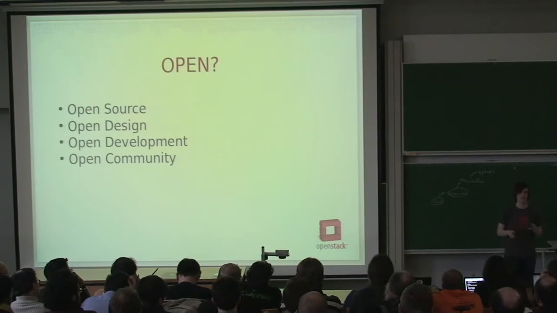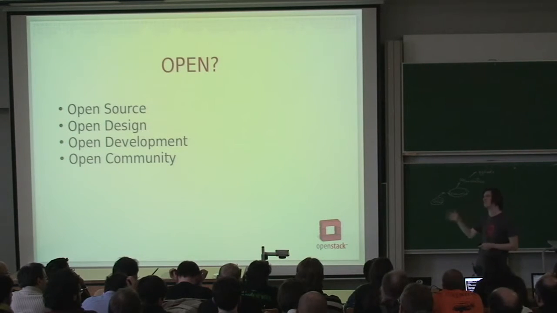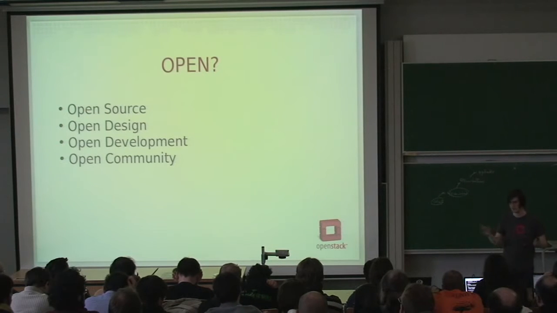So you sit in-house, you develop a bunch of stuff, and once every 6 months, you throw a tarball over the fence, and then, hey, it's open source. That doesn't really count in our book. So everything is open. The source code repository is free to everyone to look at and fiddle with all the time. There's no secret source anywhere.